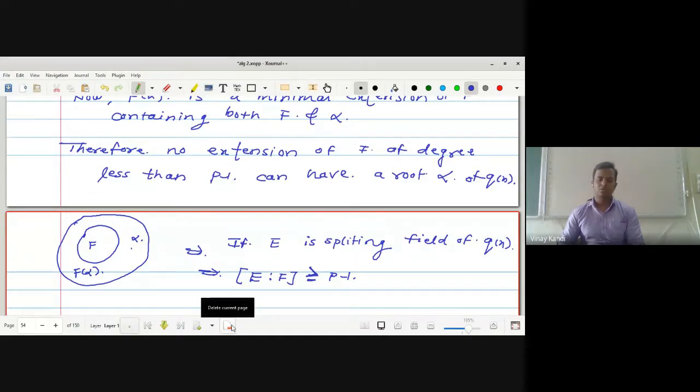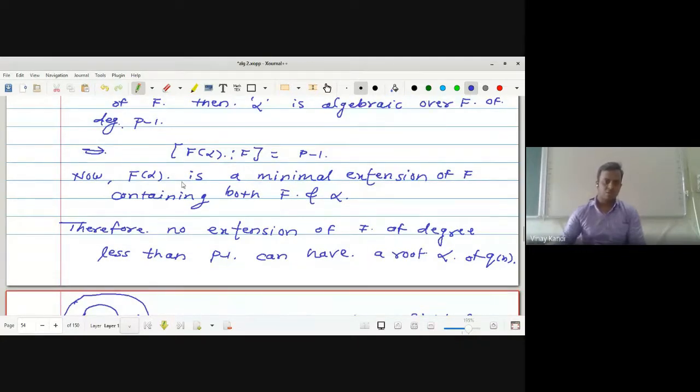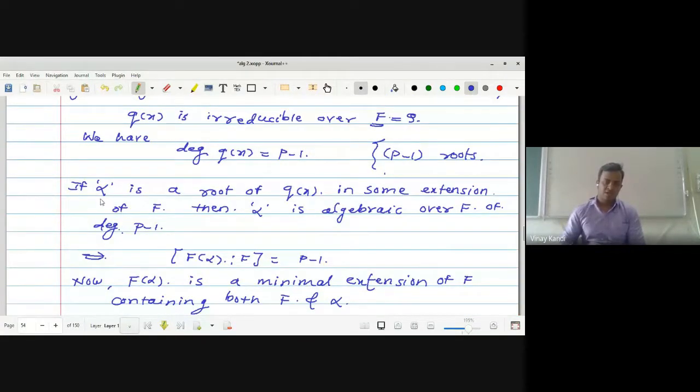Any doubt? If E is the splitting field of q of x, then the degree of E over F must be greater than or equal to p minus 1. Now, what have we seen? We have taken only one root, alpha, and adjoining it to F gave degree p minus 1.